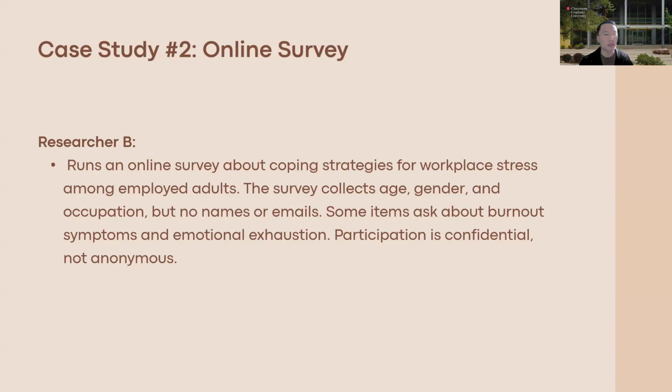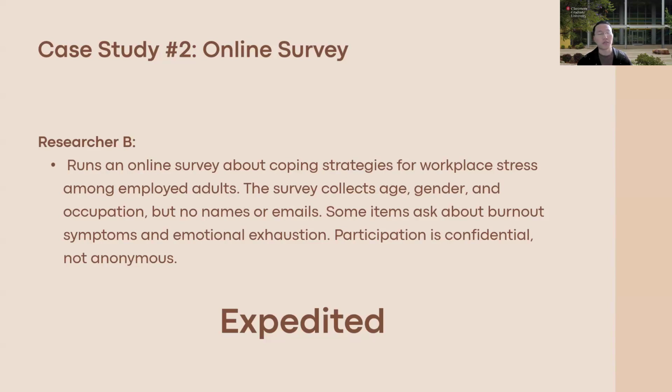Yeah, that's correct. There are two categories we think about. One is collecting identifiable information. Even in this case, there are no names or emails, but just using age, gender, and occupation, this combination could easily identify someone, especially if it's a small company.